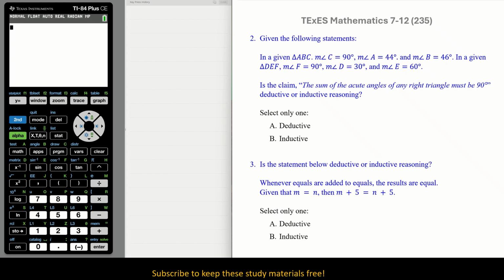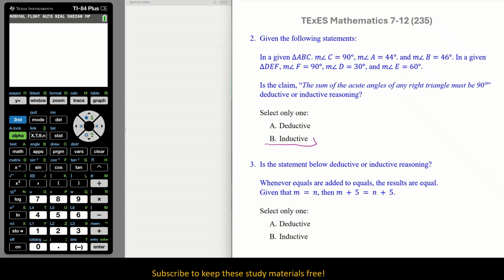Well, if you think about what we had talked about, the difference, deductive starts with the general and moves to an example. And inductive starts with the example. And then from that example, you look at the patterns and draw out a general conclusion. Well, I think inductive is exactly what we're seeing here.